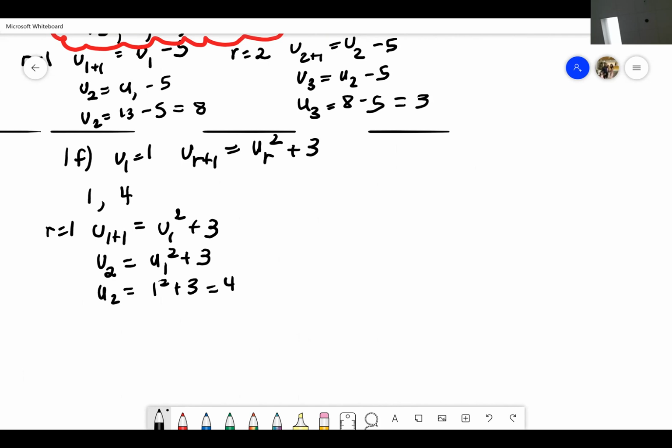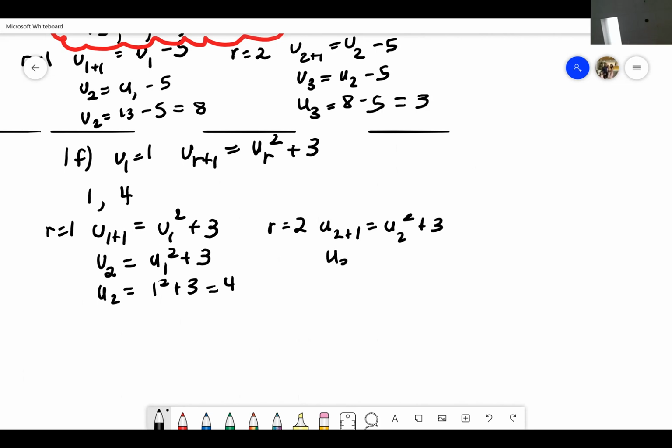I've got a feeling the next one's going to be 4 squared plus 3, which is 16 plus 3, which should be 19. Let's write it out. r equals 2: u of 2 plus 1 equals u of 2 squared plus 3.